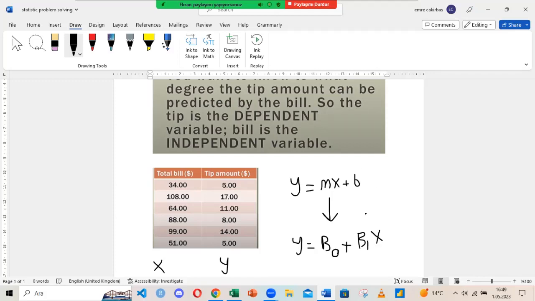In this case, b1 will be our slope and b sub 0 will be the y-intercept.